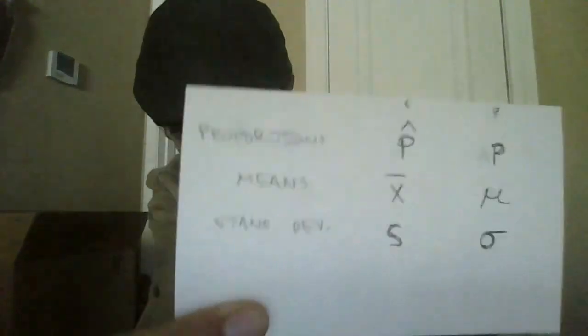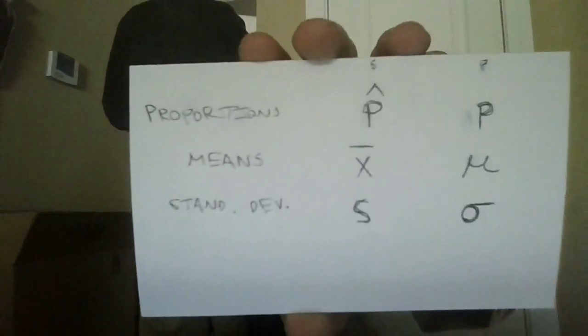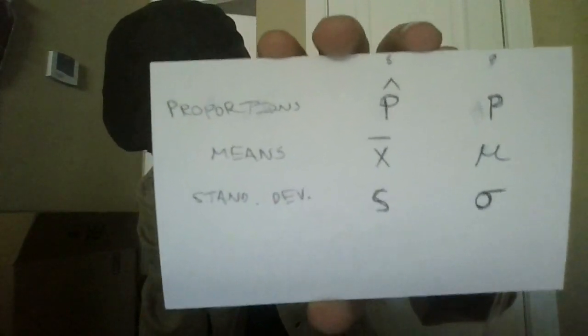What symbols are for samples and populations? It's really important that you use the right symbol. Sometimes it's easy to mix these up, but if you use the wrong symbol, your AP reader might just be dumb and not give you the point. So here's what it is. For proportions, p hat is for the sample and p is just for the population.